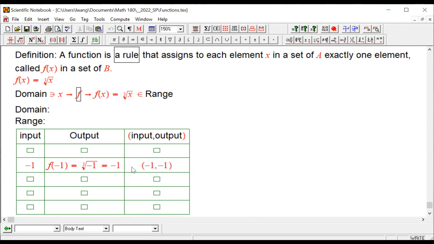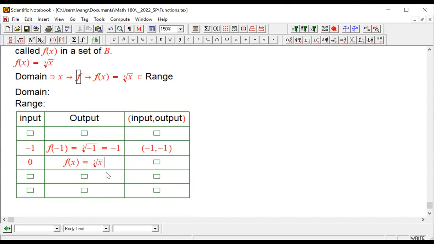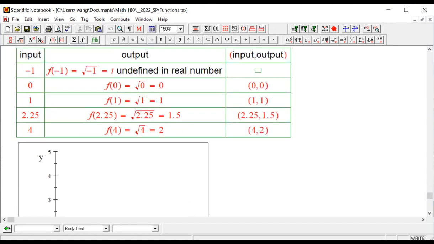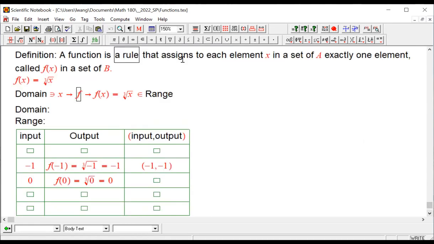So -1 as input has an output. How about 0? Surely that's 0. For the input 0, the output is 0. So we assign the input 0 exactly one element, which is 0. How about +1?